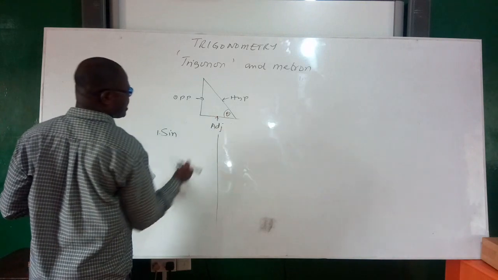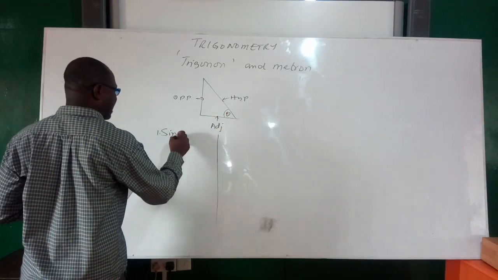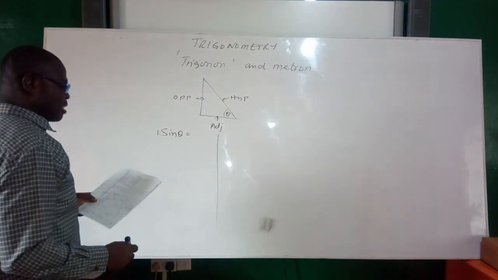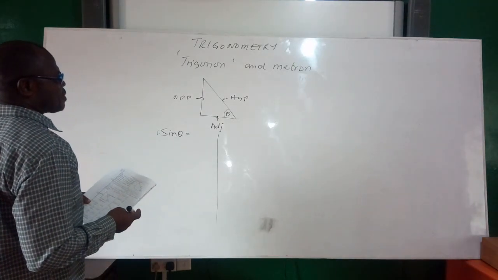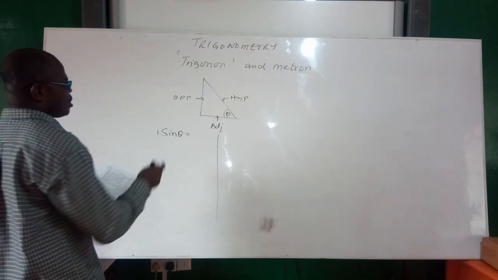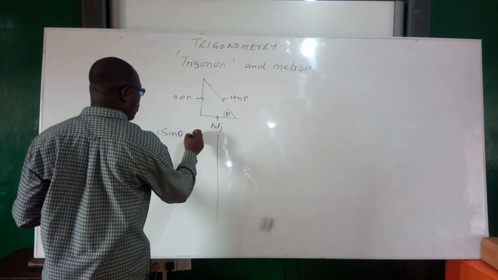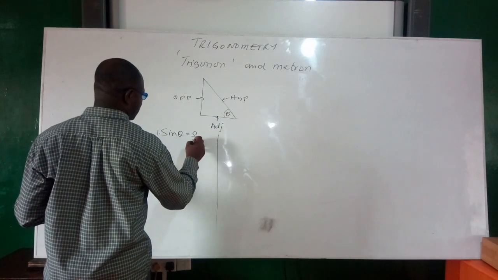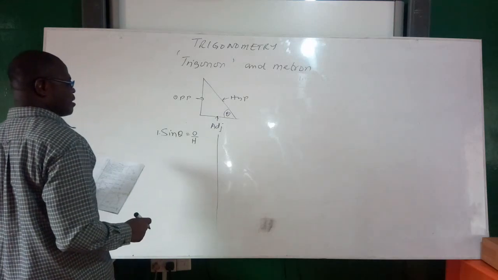Now the angle is marked theta, so we say sine theta. Sine theta is opposite over hypotenuse. This is opposite, which we represent with O, and the hypotenuse is represented by H. That will give us sine.